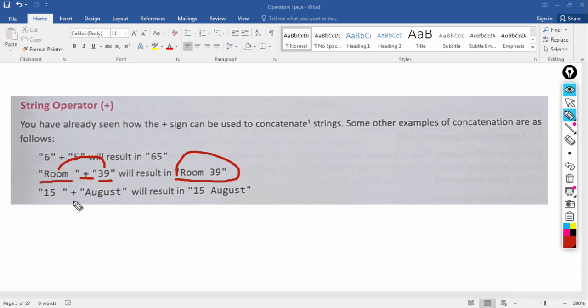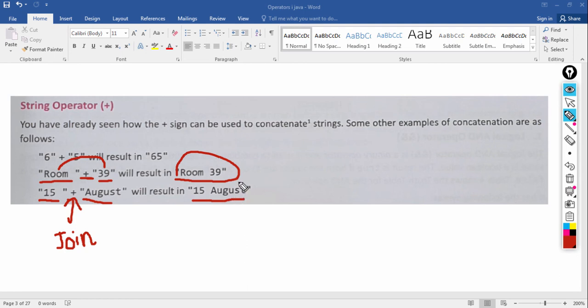Similarly, in the third example, we have the plus operator, and this will not work as an arithmetic operator, it will work as a join operator. So "15 space" will be joined with "August", so it will become "15 space August".